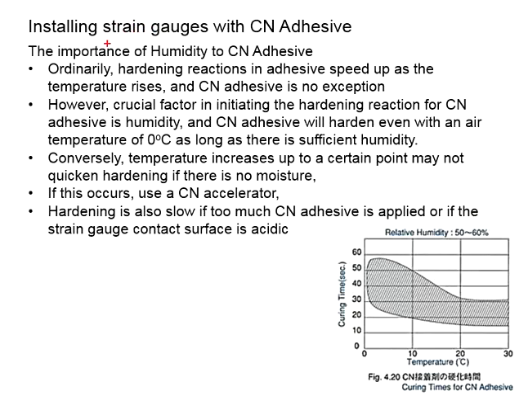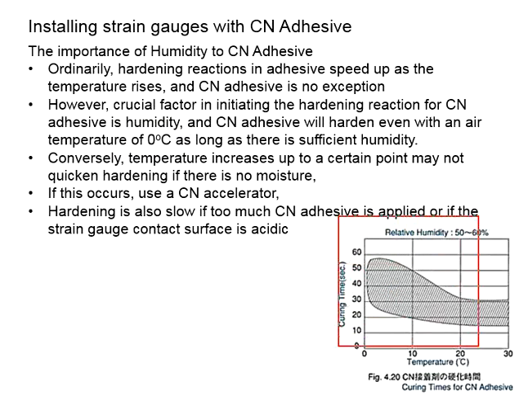Now, the hardening reactions in the adhesive speed up as the temperature rises. This doesn't mean that CN adhesive cannot harden when the temperature is 0 degrees Celsius. As long as there is humidity, CN adhesive can still harden, even under low temperature.